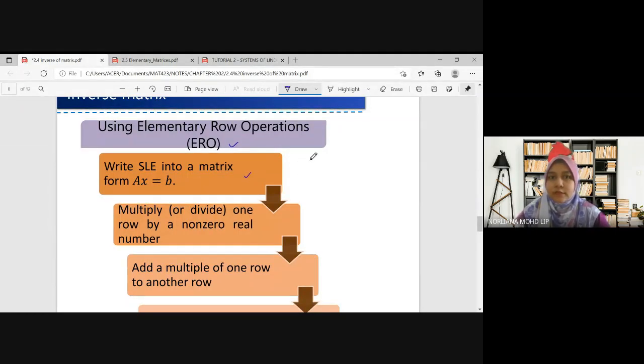Sebenarnya, you all biasa dia akan bagi dalam bentuk matrix lah kan. Normally kita akan gunakan dekat sini lah. Matrix A is equal to identity matrix. In the form of this matrix, A is equal to identity matrix.